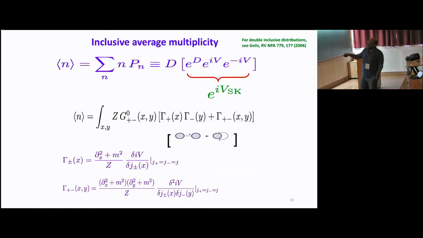And so then the average multiplicity from this expression can be written as this cut propagator acting on this product here, where this is now defined as the derivative of the connected vacuum graphs with respect to the sources, where now the sources in the upper and lower contours are set to be equal to the same. So there's gamma plus and gamma minus.